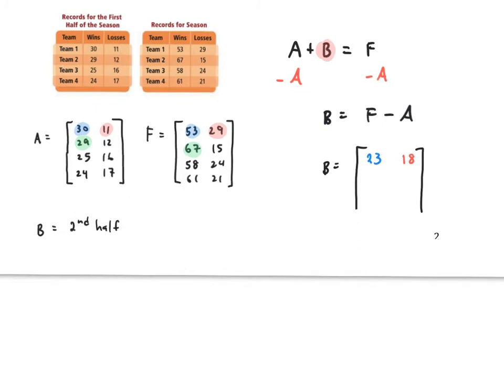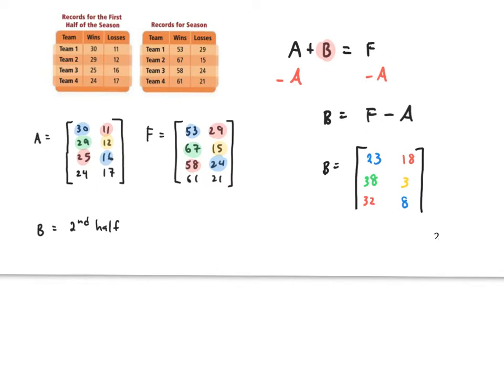And continuing on, 15 minus 12 is a 3. And next, we have 58 minus 25. So that's a 32. 24 minus 16, that's an 8.